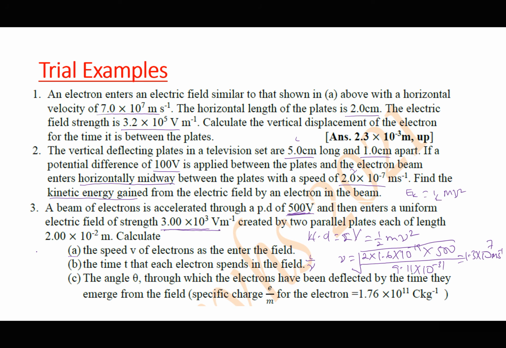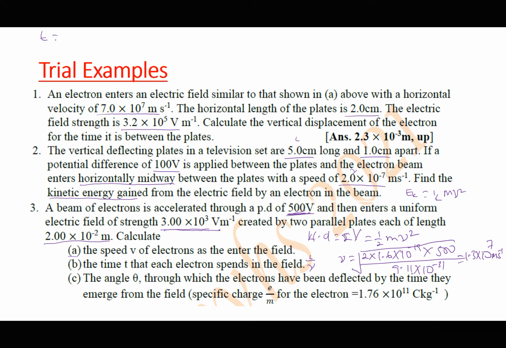So you can find the time between the plates, that is the length of the plates divided by v. The length of the plates has been given as this. I'll use the top part since I don't have enough space.